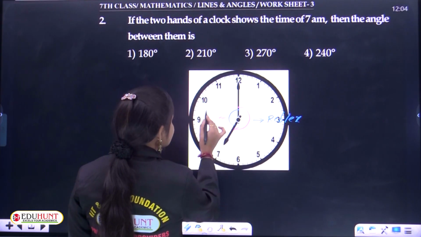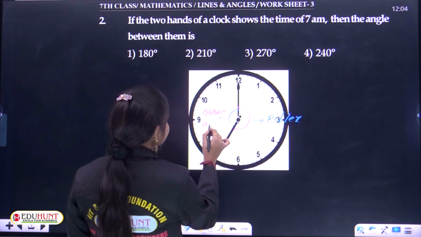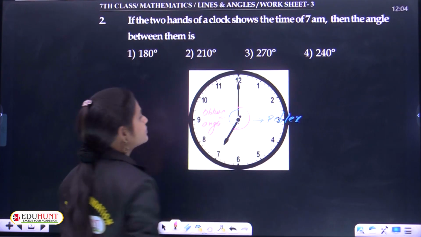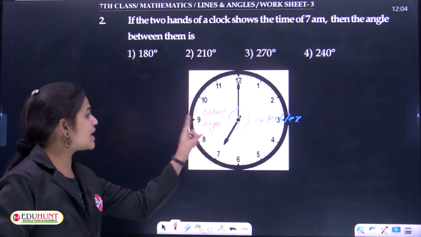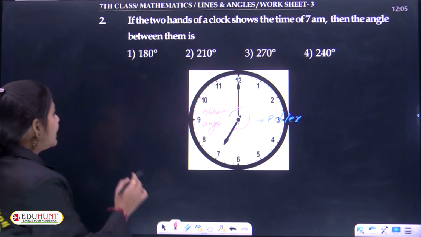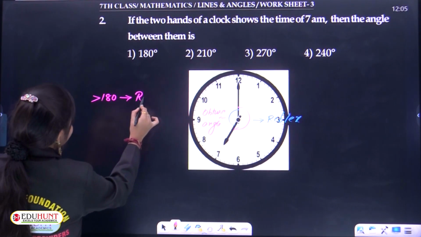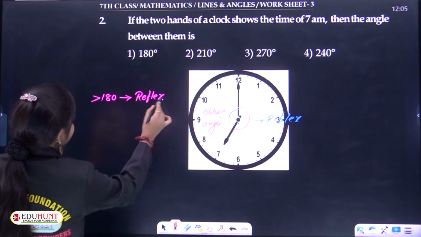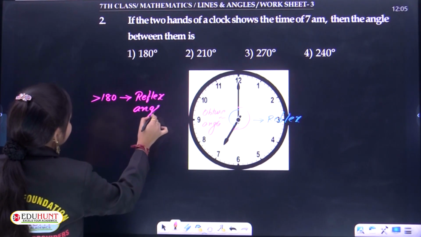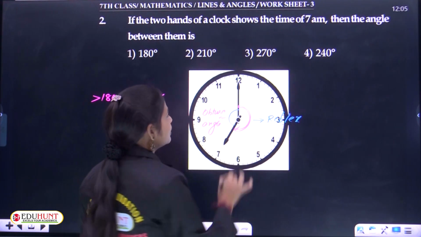So this is obtuse angle. Reflex angle, obtuse angle. Now, which one are they asking? As per the given options, greater than 180, which means those are reflex angles only, no? That's why we need to find this angle.